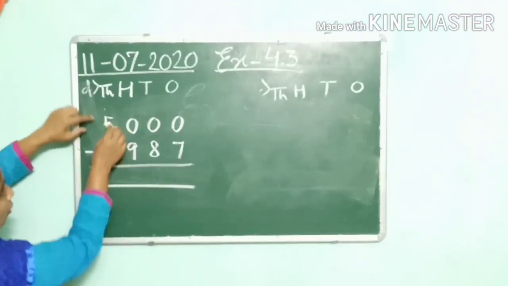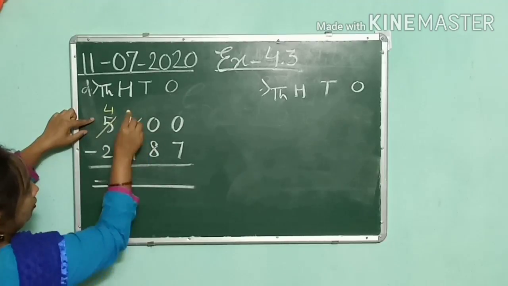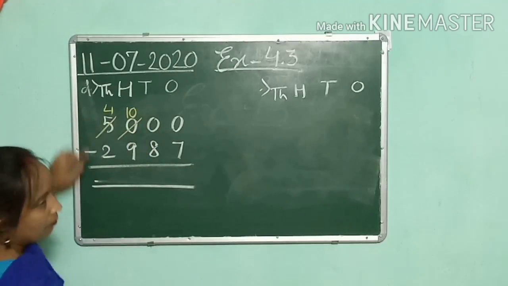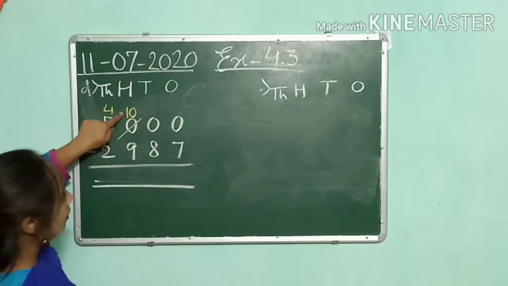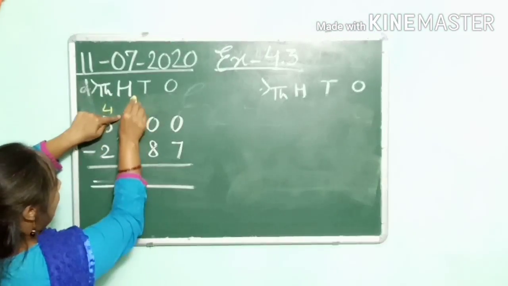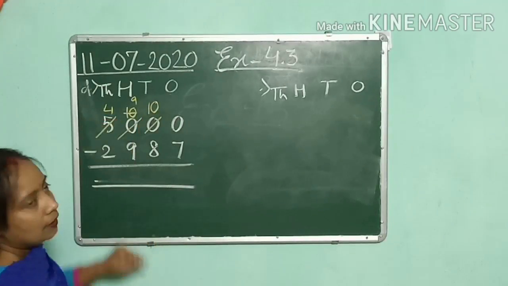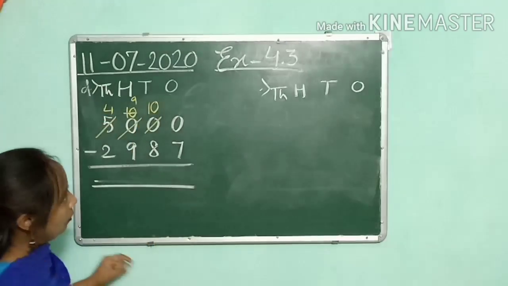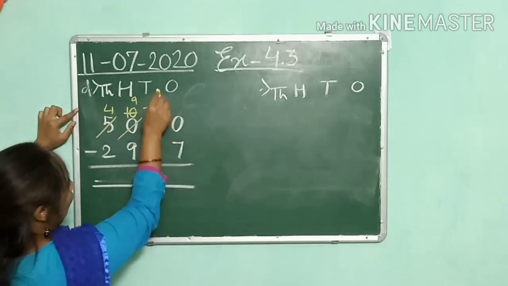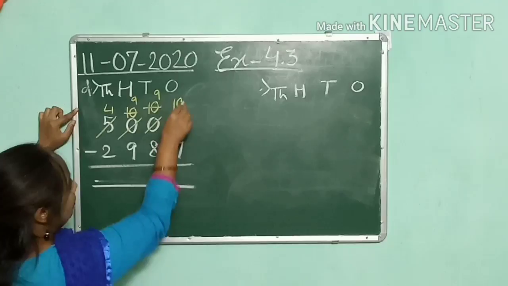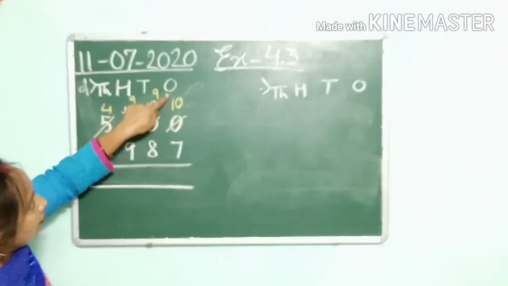So 5 becomes what? 5 becomes 4. And this hundreds place digit 0 becomes 10. Okay? Now the tens digit will borrow from this hundreds place digit. So 10 becomes 9. And this tens place 0 becomes 10. Now this ones digit will borrow from this tens digit. So 10 becomes what? 9 and this 0 becomes 10. Okay. Now look under the ones column.